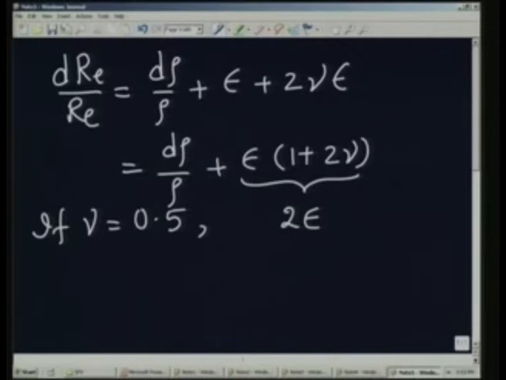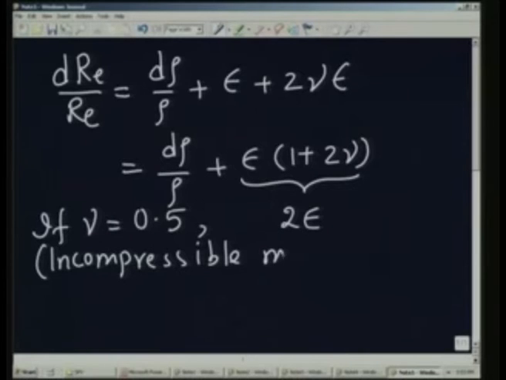You see that this is actually the incompressible material case. For an incompressible material, dRe by Re becomes d rho by rho plus 2 epsilon.